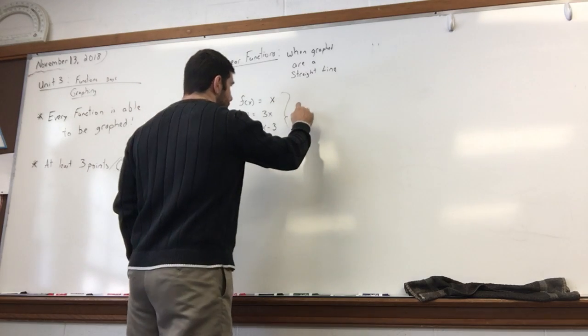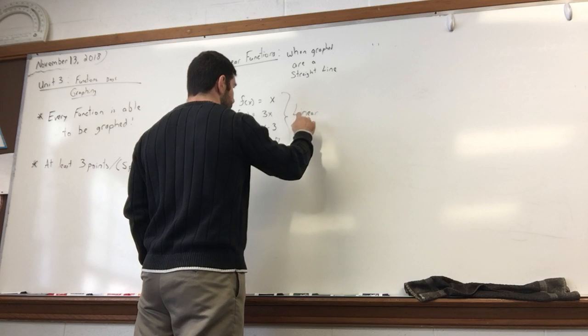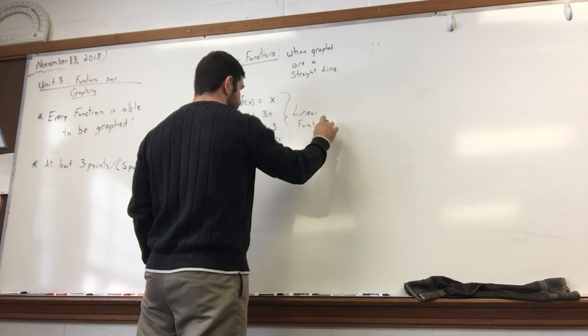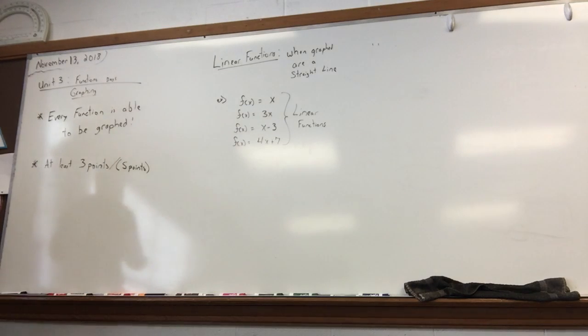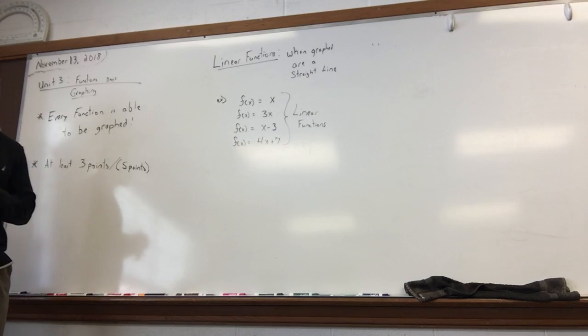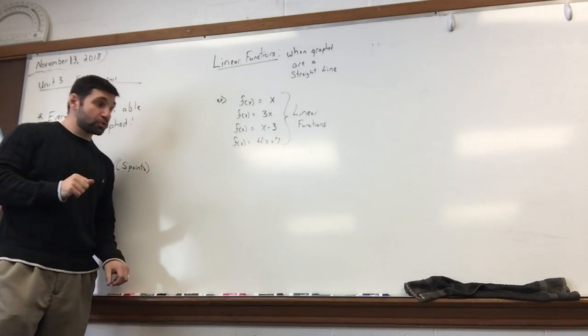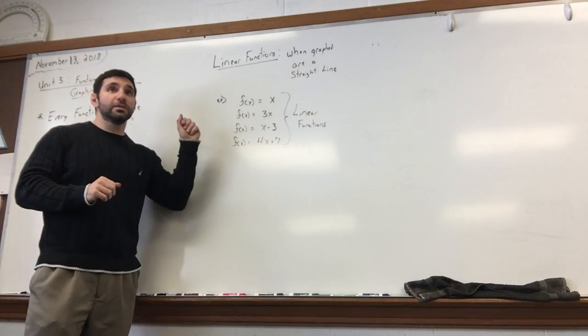All of these are linear functions. And as simple as I can make it for us, what makes them linear functions? What are we trying to look for? Sam? Well, when you connect the points with one line, it has to be a straight line. Okay, so when we graph them, they'll be straight lines. What if we just look at the functions?